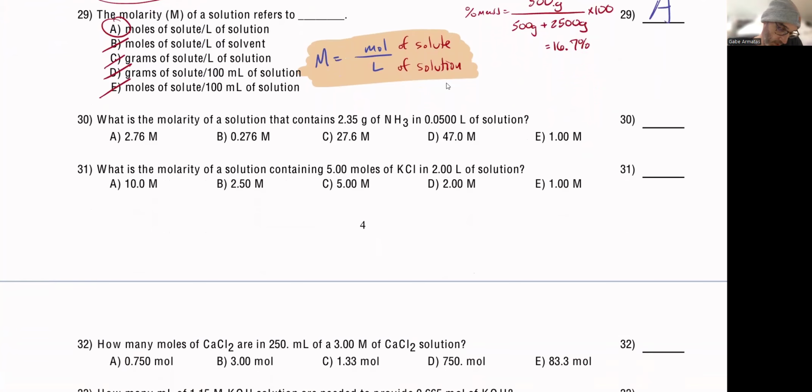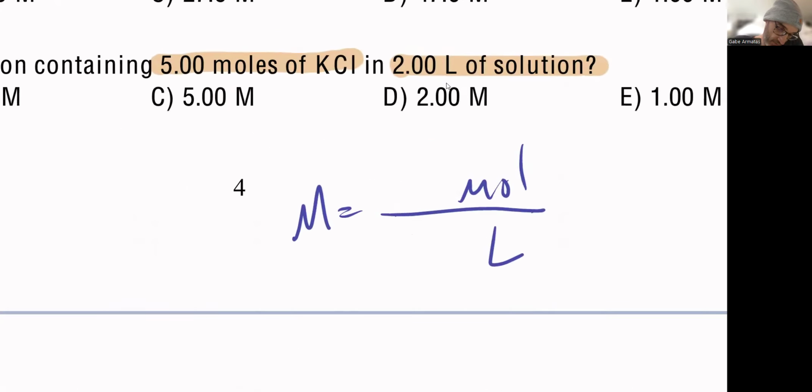All right, next up. What is the molarity of a solution that contains? Actually, I'm going to come back to this one. These two should be flipped. We're going to do this one first. 5 moles of KCl in 2 liters of solution. So molarity is moles per liter. Do I have moles of solute?